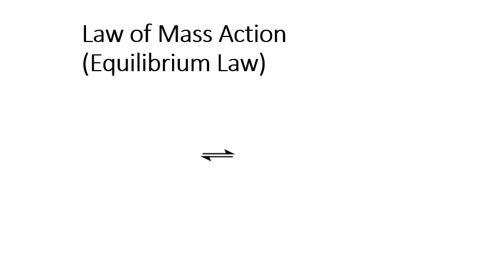Okay, now we are going to start to learn how to write the law of mass action, which is also considered as the equilibrium law, or another term, the equilibrium constant expression. It means that these three terms are actually referring to the same thing.